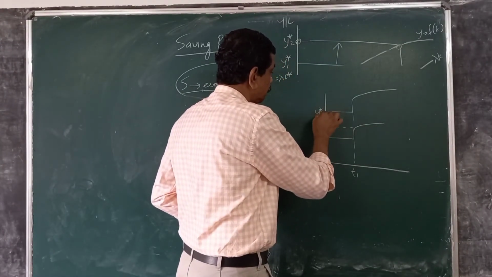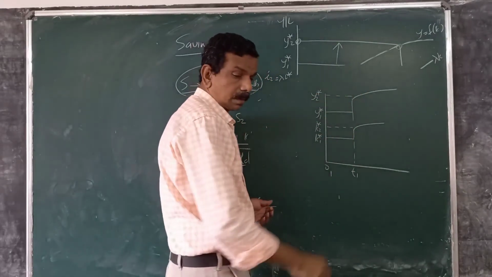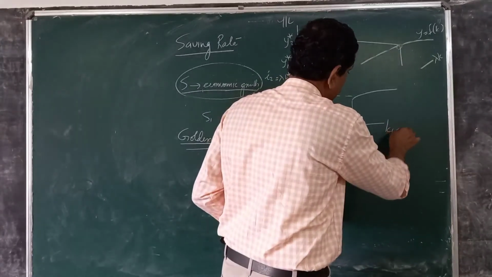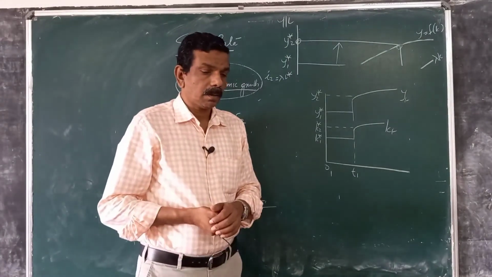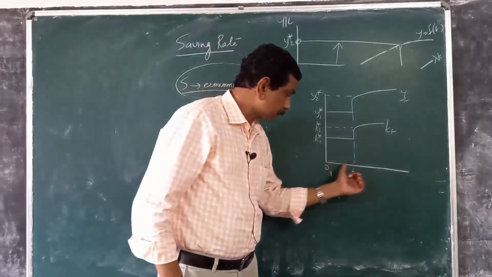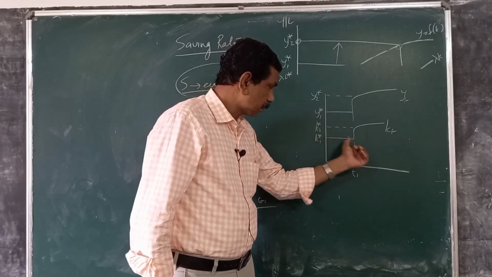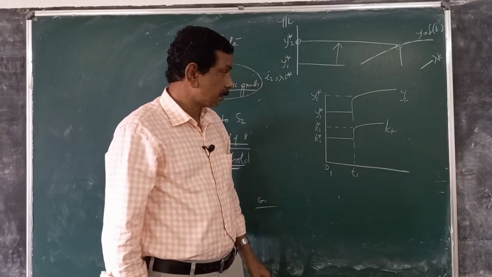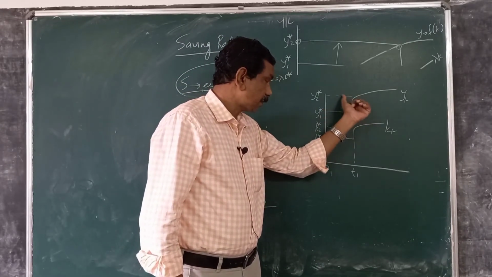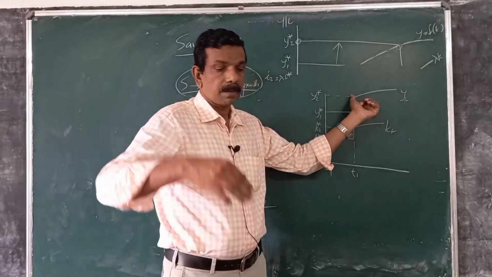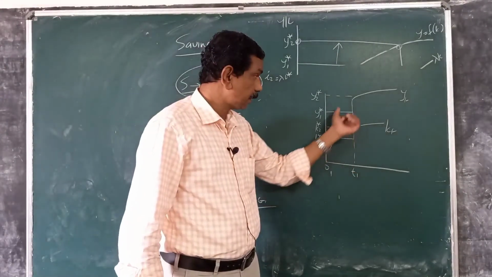This is y star 1, y star 2, and k_t, y_t. Now, what I say is at t equal to t1, capital stock increases from k star 1 to k star 2. As a result, output per head increases from y star 1 to y star 2. But beyond this, output per head is constant.